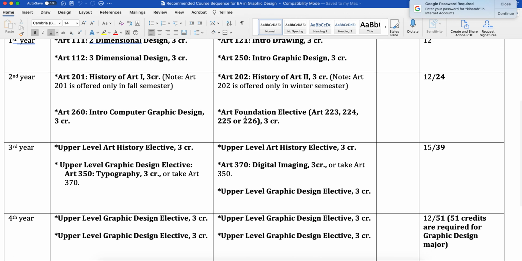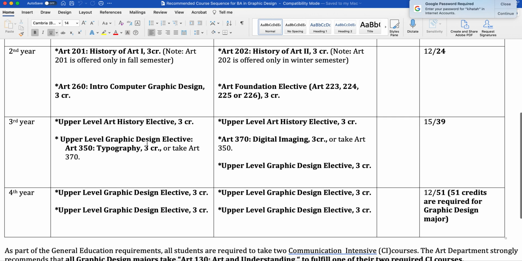So there are a couple of options here: you could take this over here, or you say, okay, I don't want to take any more gen ed, take this art foundation over here and move typography over here. It is possible. And I just have to say a few words about typography and R370.